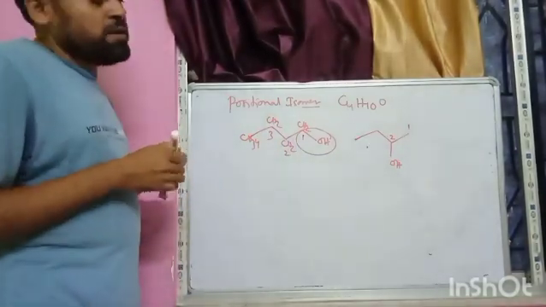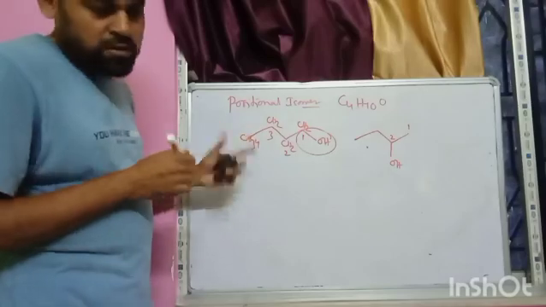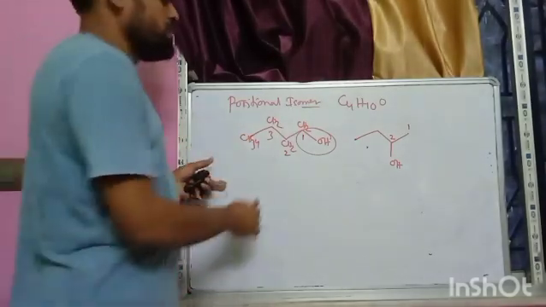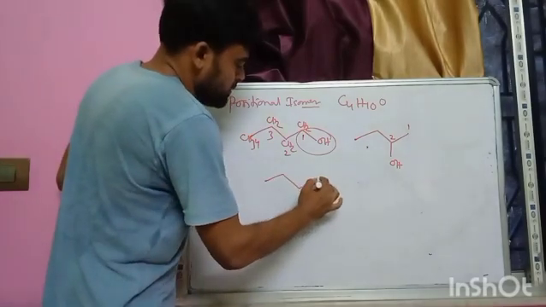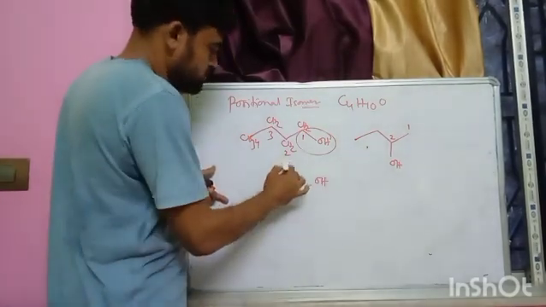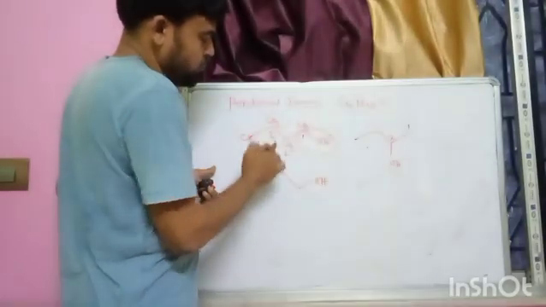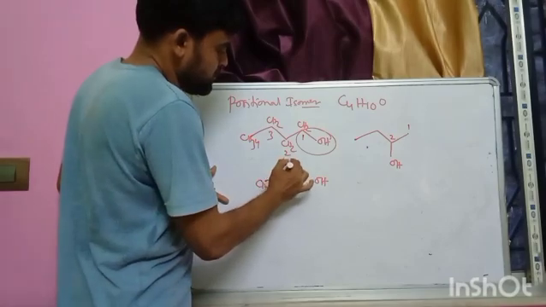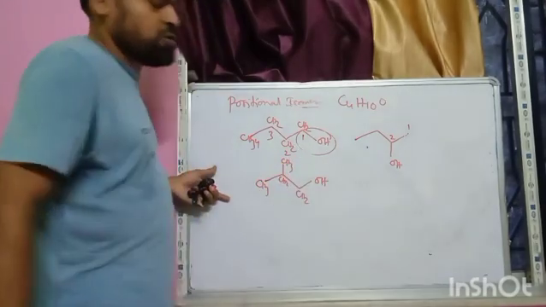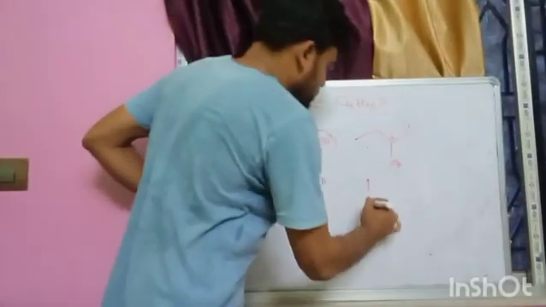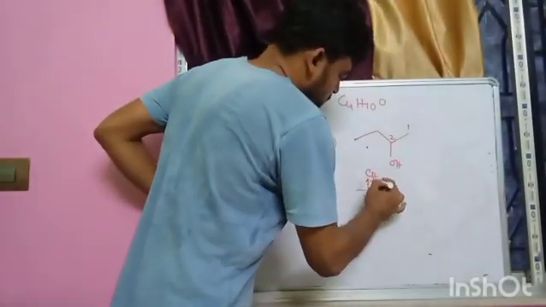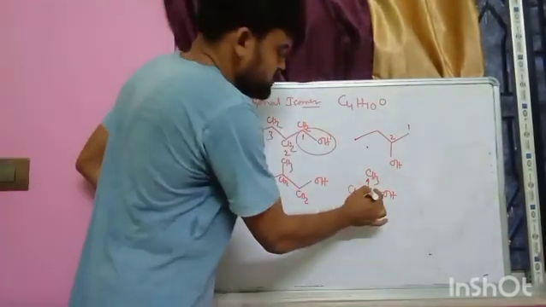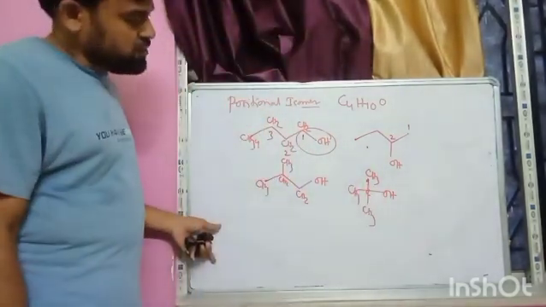Let us draw another two isomers of C4H10O, that is OH and 1, 2, 3, 4, CH3 CH CH3 CH2OH, and the other is CH3 CH3 CH3, that is 4 carbon atoms present here, C4H10O.